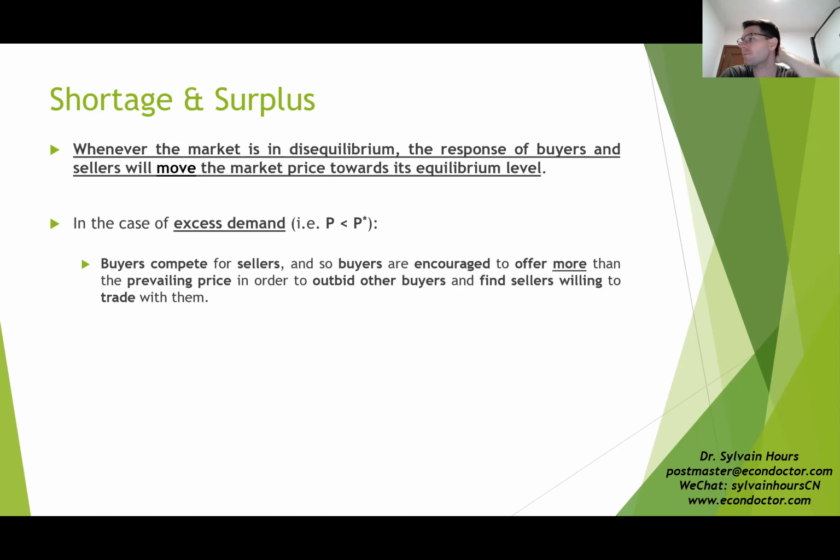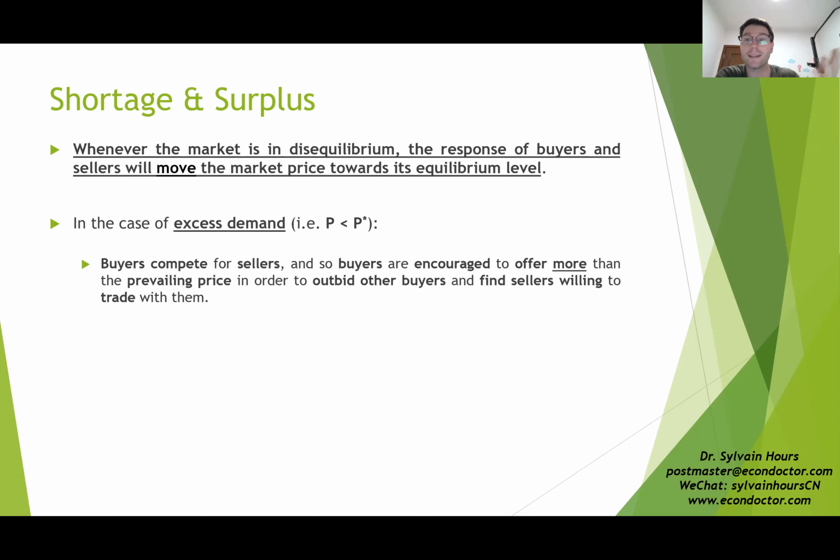Well, in that case, there is not enough output for all buyers. Perhaps we have 10 loaves of bread and we have 20 consumers who want to buy one each. That's exactly a shortage. If you really want to have a loaf of bread, you know that you are actually competing with the other buyers.